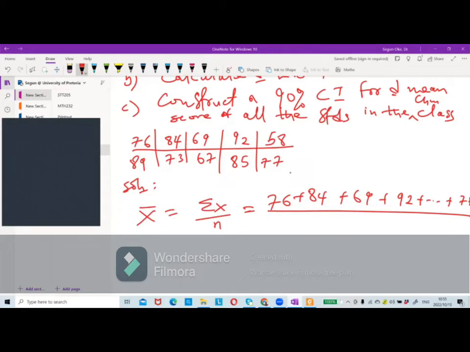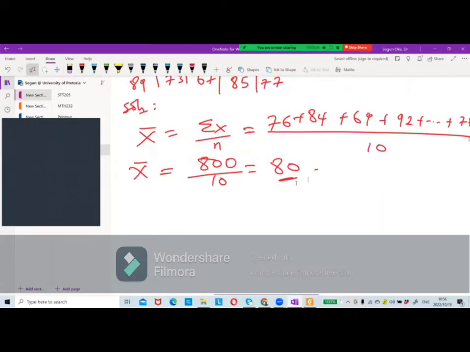N is 10. Thank you. So our X bar will be, if you do it very well, 800 divided by 10, which is equals to 80.